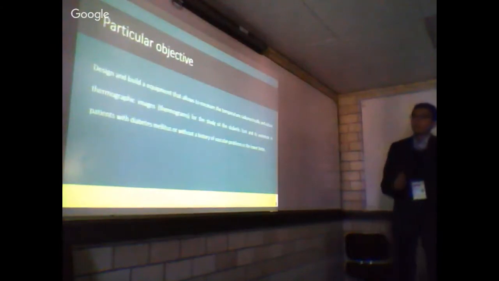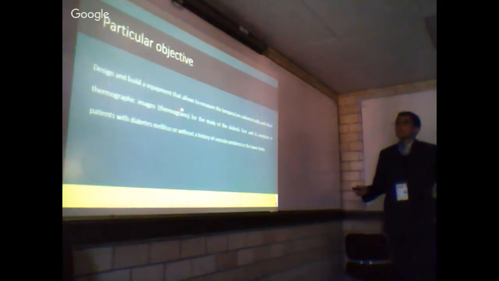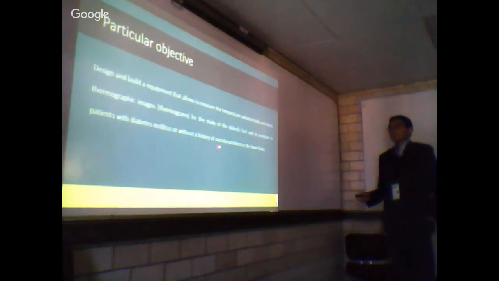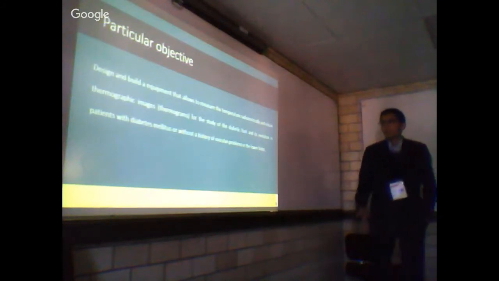The particular objective of my job was to design and build equipment that allows measuring the temperature radiometrically and obtaining thermographic images, known as thermographs, for the study of the diabetic foot and its evolution in patients with diabetes mellitus or without a history of vascular problems in the lower limbs. By lower limbs, I mean feet.